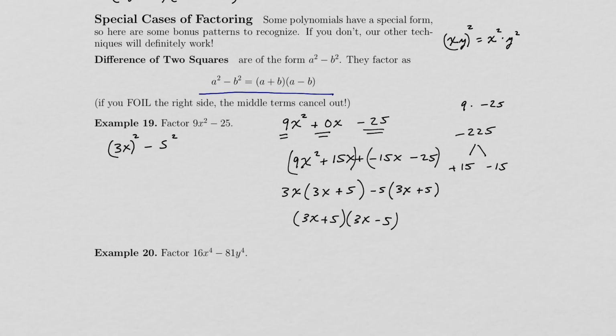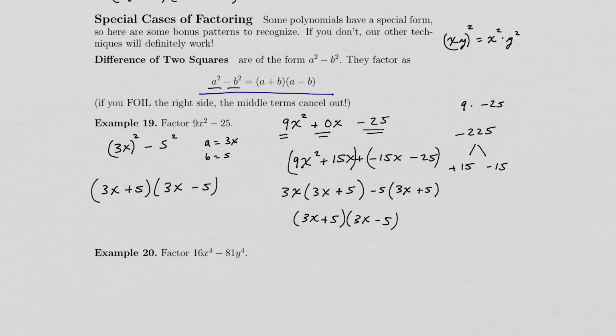So now I have this form, a squared minus b squared, where a is 3x and b is 5. So this factors into a plus b, so 3x plus 5, and then a minus b, 3x minus 5.